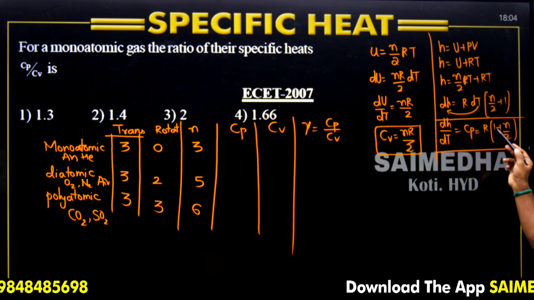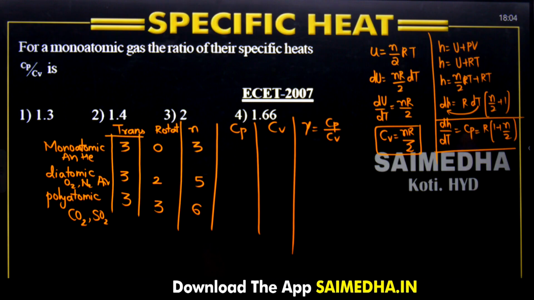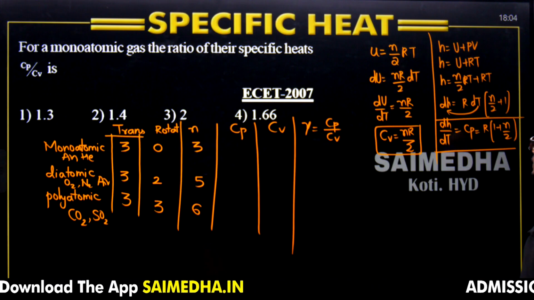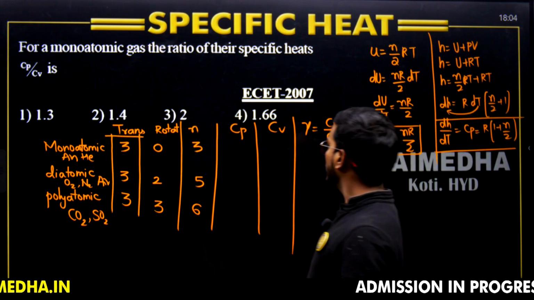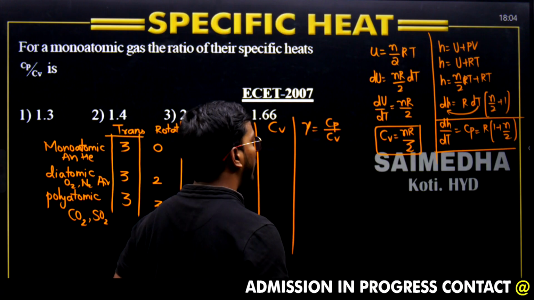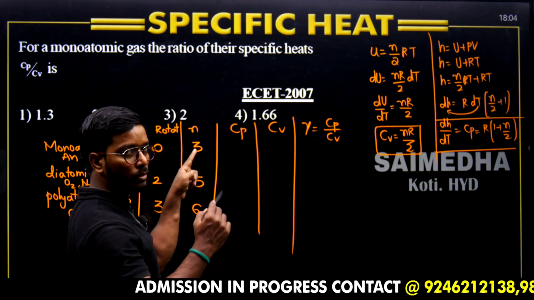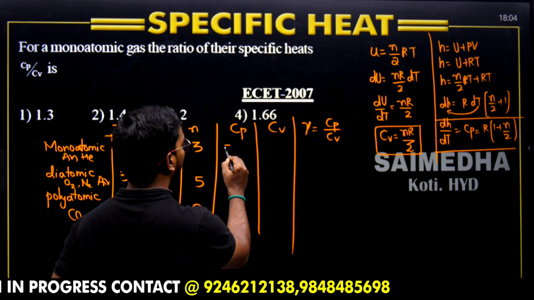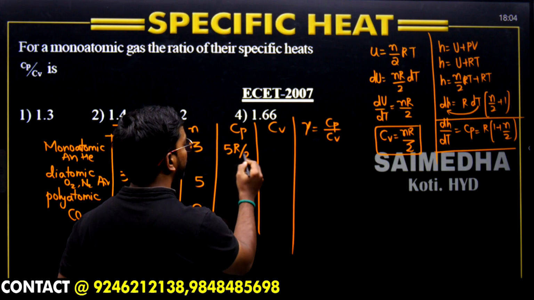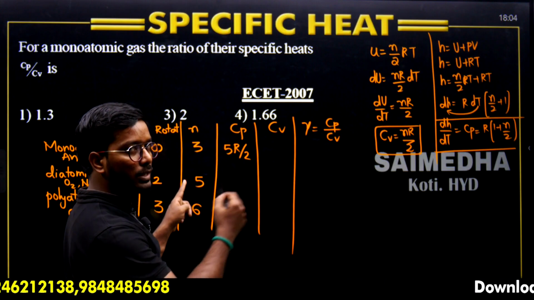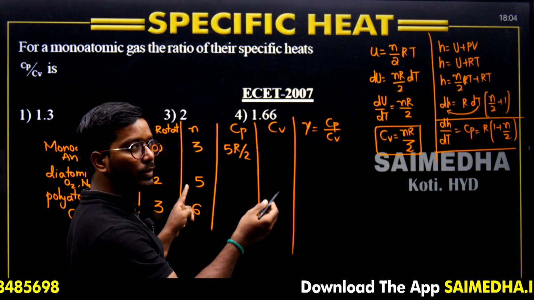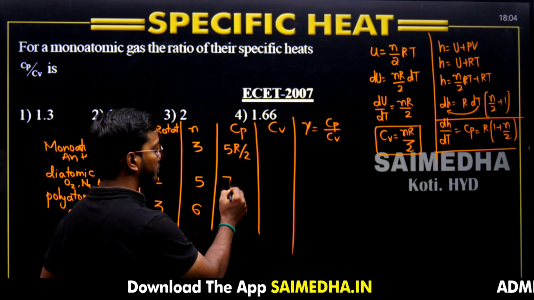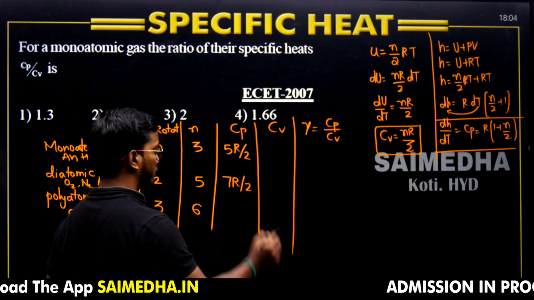Cp, Cv formulas in terms of degree of freedom. First of all, let us write the Cp formula. 1 plus N by 2 into R. For N is 3, 1 plus 3 by 2, that is 2 plus 3 by 2, this is 5R by 2. For N is 5, 1 plus 5 by 2, that is 2 plus 5 by 2, this is 7R by 2.